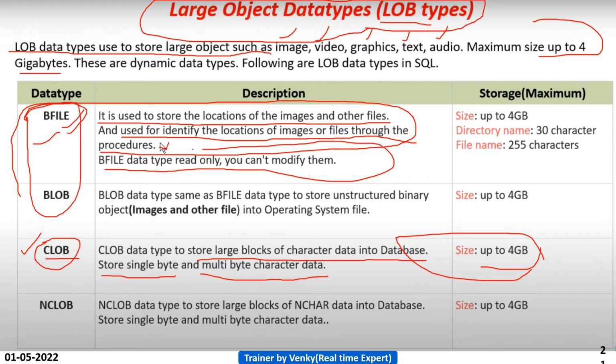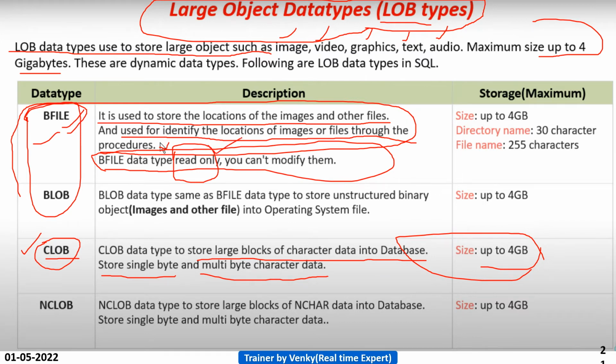So the BFILE data type is a read-only data type. You can't modify it. For example, if you declared a character column and in future want to change it to the VARCHAR2 data type, you can modify it by using the ALTER command for that column. But in BFILE, you cannot modify it.